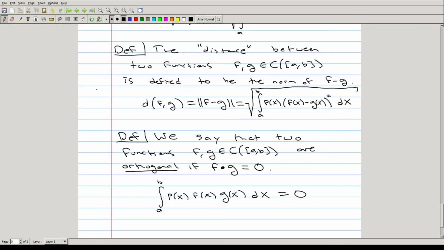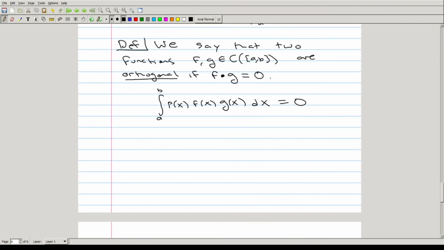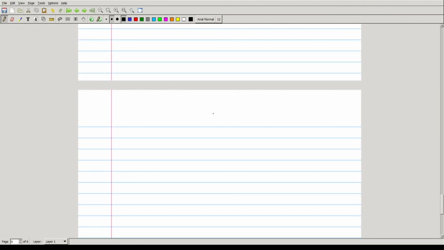We can talk about distances in this infinite dimensional space. And this is a very, very, very useful idea. I really can't overstate how useful these concepts are going to be for us. So let's go over some examples, and we'll look to some examples to guide us along.